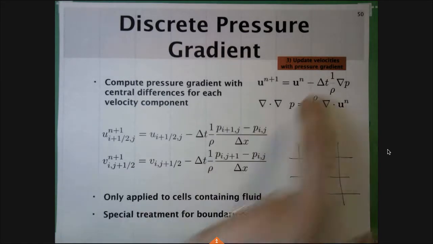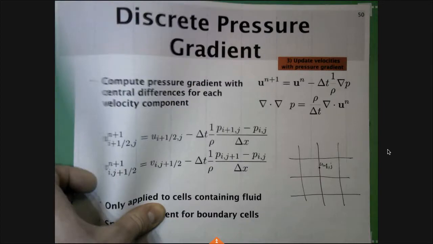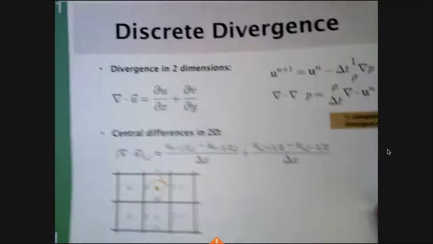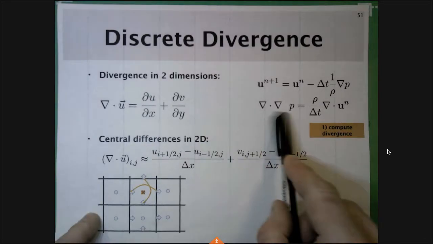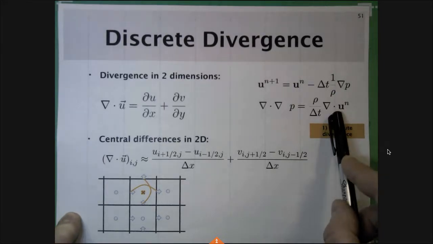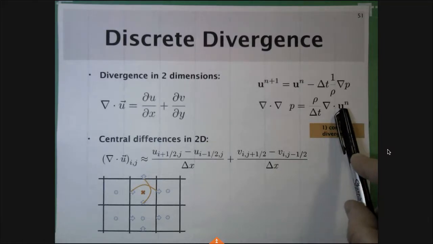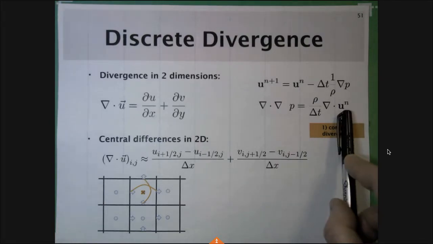So this is the discretization of the pressure update in this first formula, and now we need to discretize the divergence. That's this part. Actually, this part first. We need to compute the current divergence, which will probably not be 0, otherwise we would not have to be doing this.